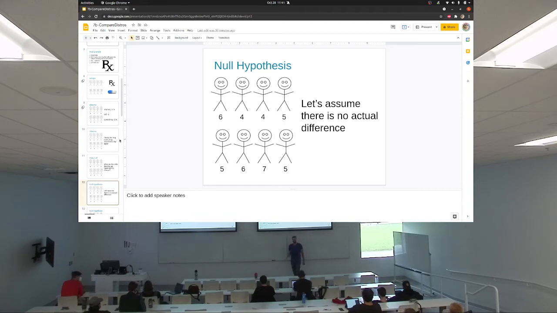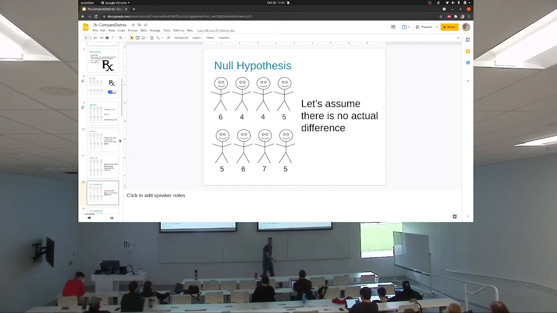Right? I could shuffle it. It wouldn't have mattered if the person that recovered in 4 days was in that group or that group, if there is no difference, right? We could just take all of those people, put them into one group, shuffle them up, and separate them again. And we would see that, if we kept doing this, there'd be no difference.